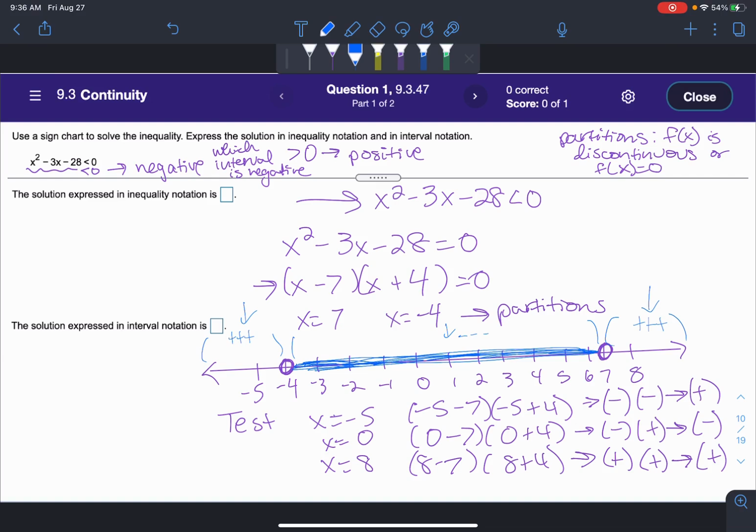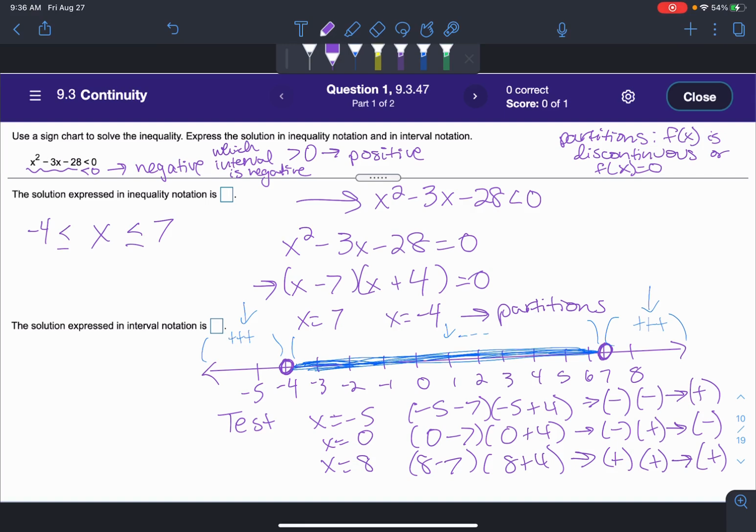And so all we have to do is just convert that back to inequality form. So that means I want any x value in between -4 and 7. And then it's between, but it's not equal, right?